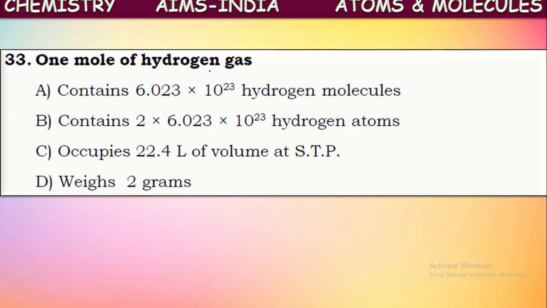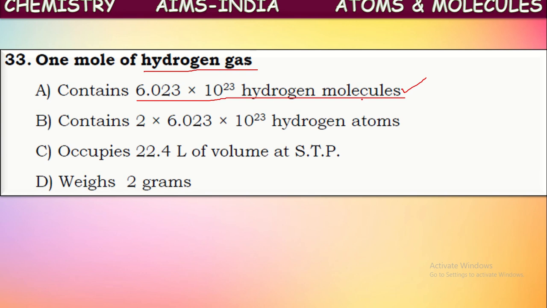Next, see the next question. 1 mole of hydrogen gas represents. What will it contain? They're asking here, 1 mole of hydrogen. You know, 1 mole of any substance represents 6.023 into 10 to the power of 23 particles in it. As it is said here, 1 mole of hydrogen gas contains 6.023 into 10 to the power of 23 molecules of hydrogen.